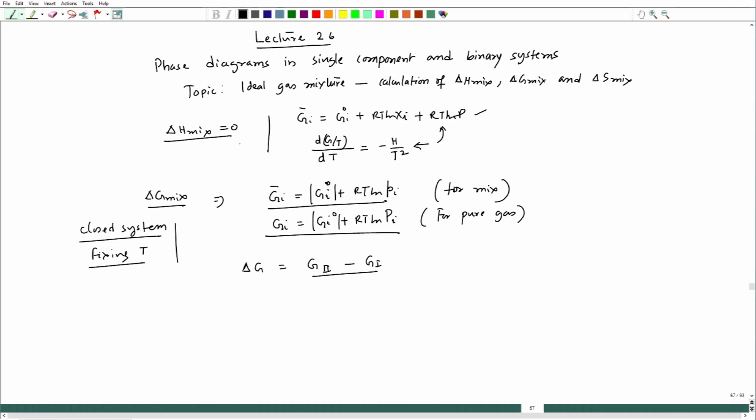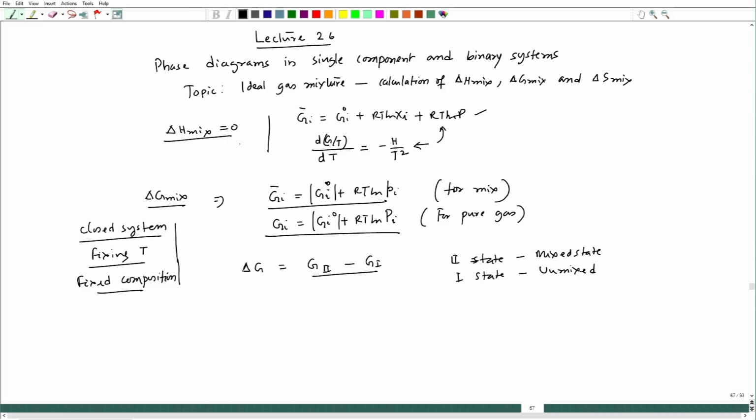And remember here one more thing, which is fixed composition. We are also fixing the composition. Now, this second stage, which is the second state, is the mixed state and first state, which is state 1, is unmixed.